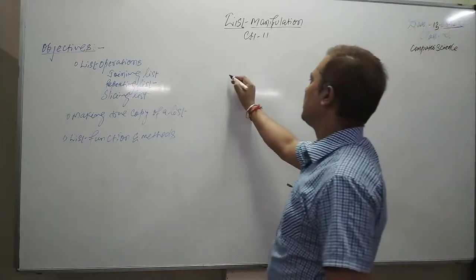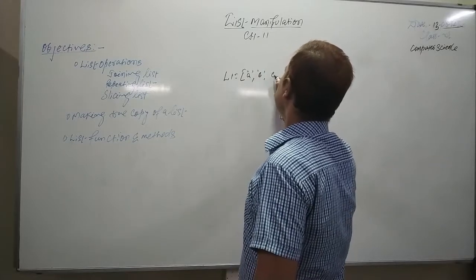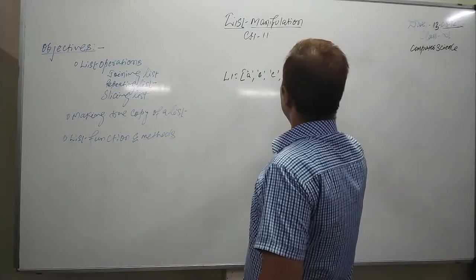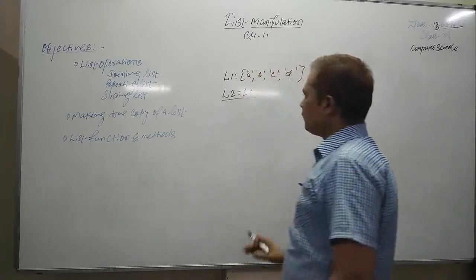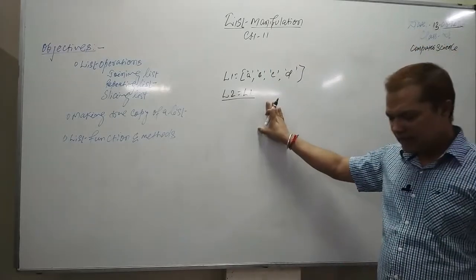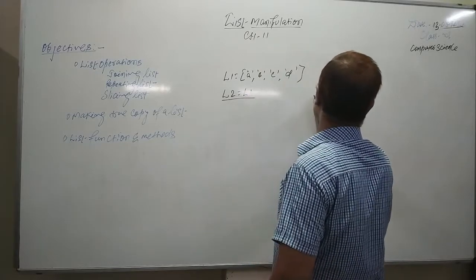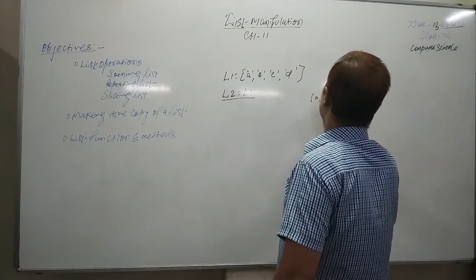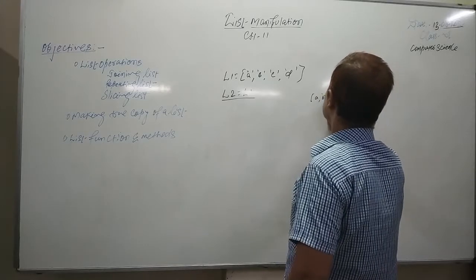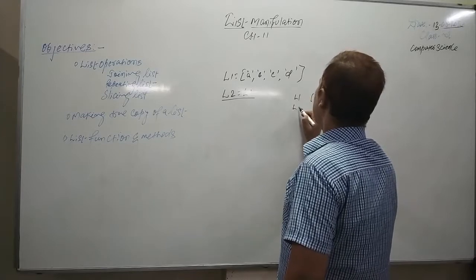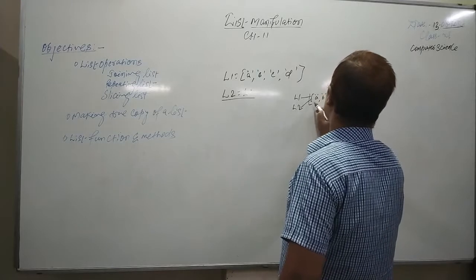Suppose I have a list called L1 equal to A, B, C and D. Now if I am saying L2 equal to L1, mind it, basically I'm creating a label L2 and L1 which are referring to the same list.